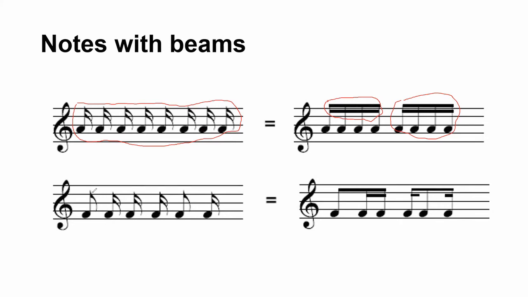Now the same thing here. Sometimes you'd see a quaver, then two or three semiquavers, followed by another quaver, and then a semiquaver. Another way to write that using beams is like this.